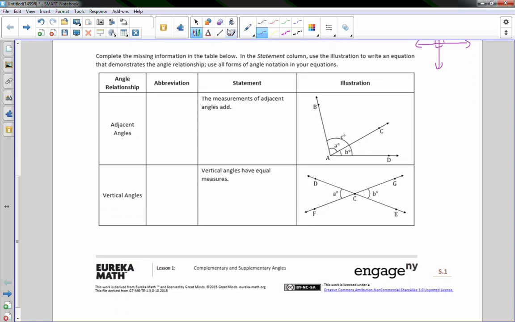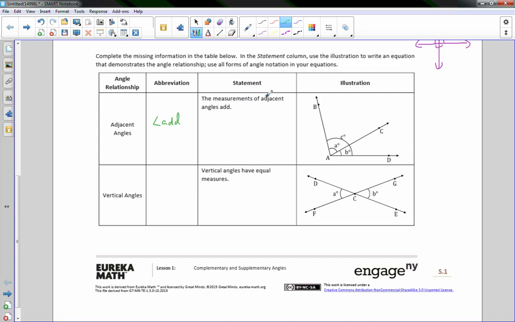Complete the missing information in the table below. In the statement column, use the illustration to write an equation that demonstrates the angle relationship. Use all forms of angle notation in your equations. So it says adjacent angles, abbreviation: angles add.